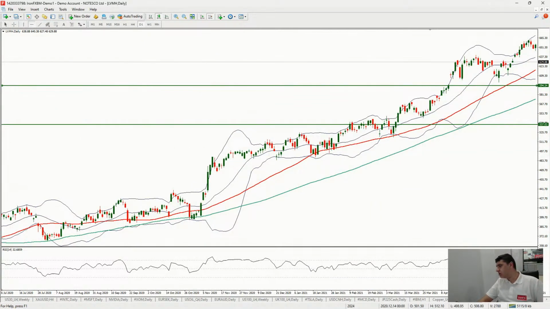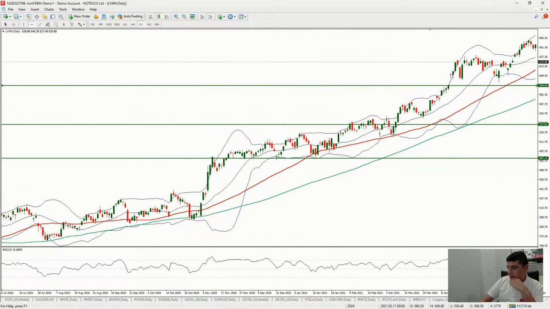So we do have approximately $50 per share in between our S1 and S2. So we're looking for something that is sub 500. That could be $486 per share.